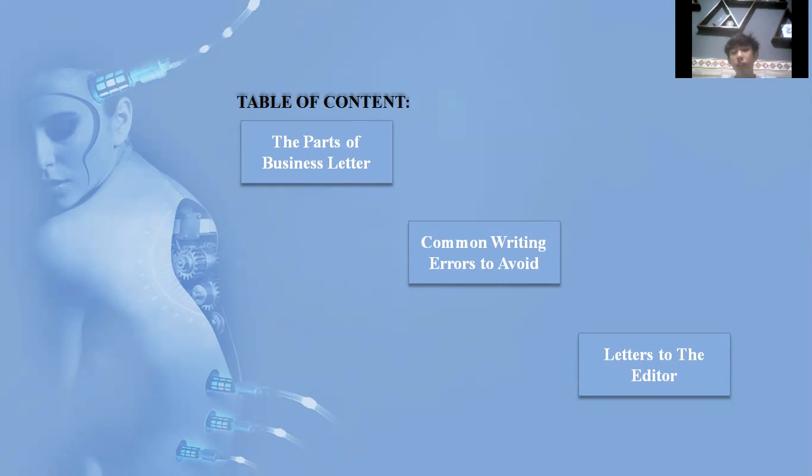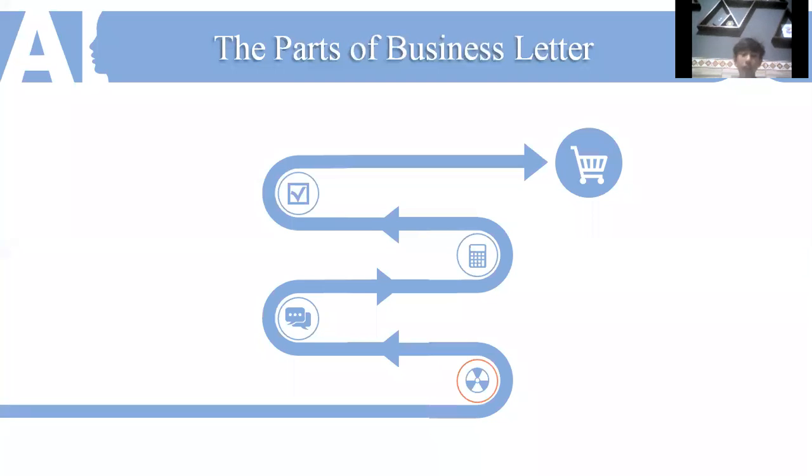The second one is common writing errors to avoid, and the third is letter to the editor. Okay, without any further ado, let's start. The first is the parts of a business letter. In the parts of a business letter, there are nine parts that we'll discuss.